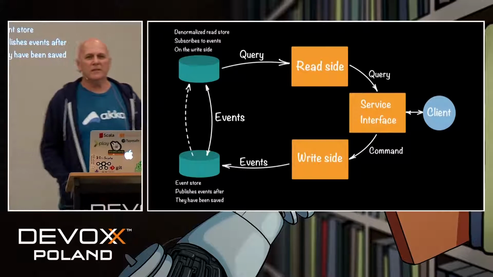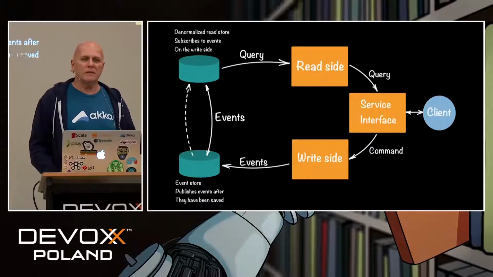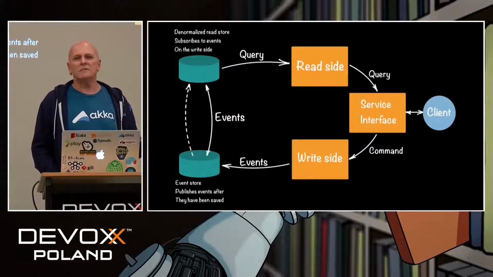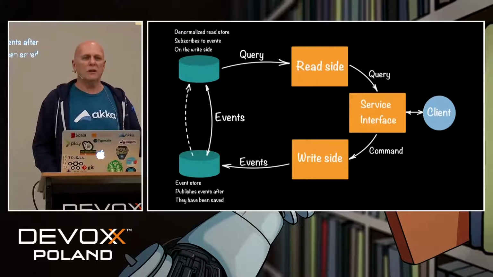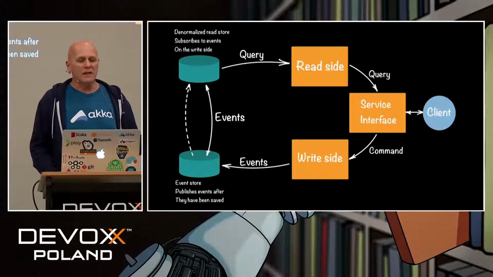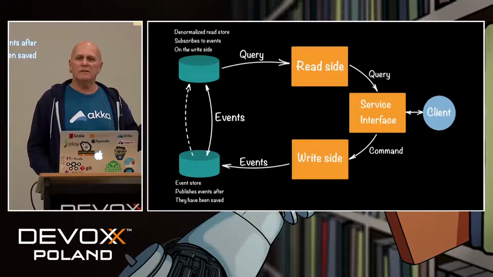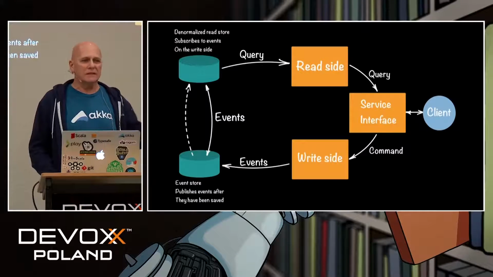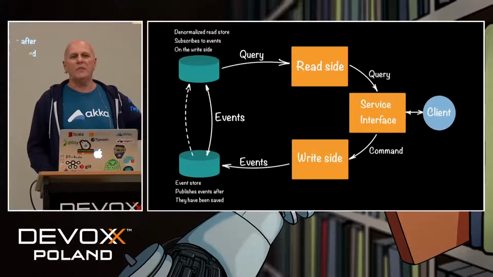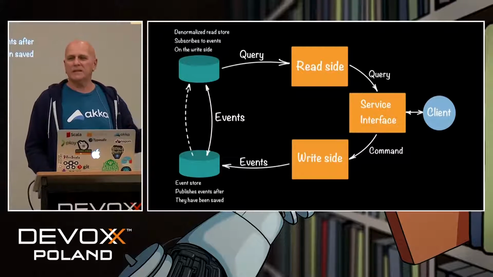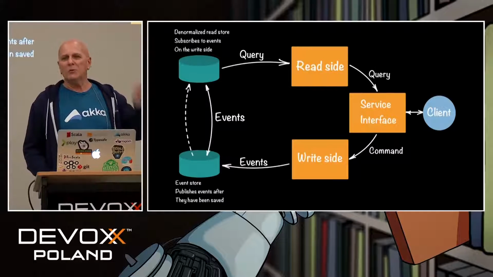However, if the account has sufficient funds, then the withdrawal is allowed to be performed. What results from that is events. Withdrawal added to the account. It's past tense. An event is something that's happened in the past. It's a historical fact. With event sourcing, it is also an immutable fact.